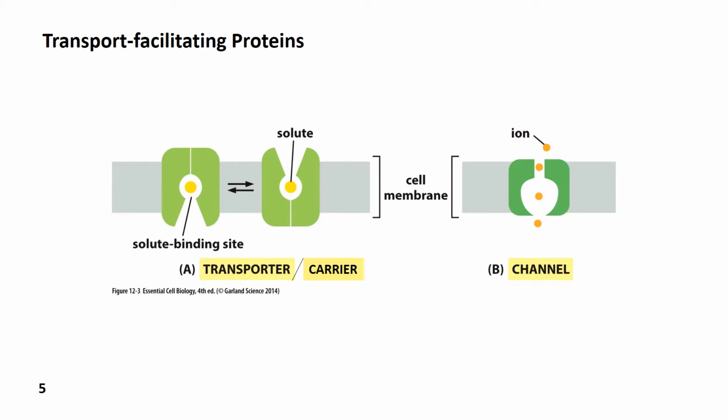Channels are effectively what the name suggests, a channel or a pore, if you will, in the membrane. There is association and recognition of the molecule that's meant to be transported, but no specific binding of that molecule, and therefore no required shape change.